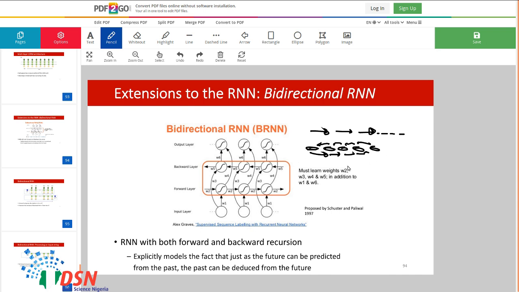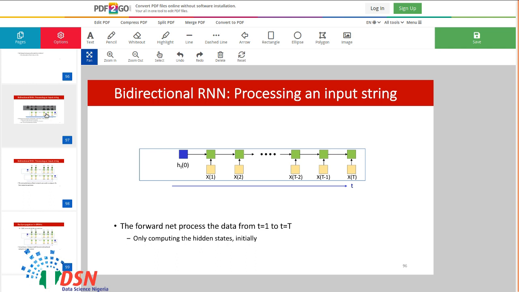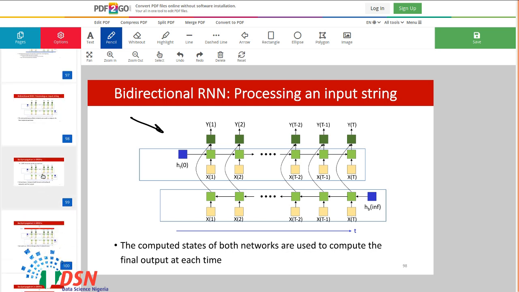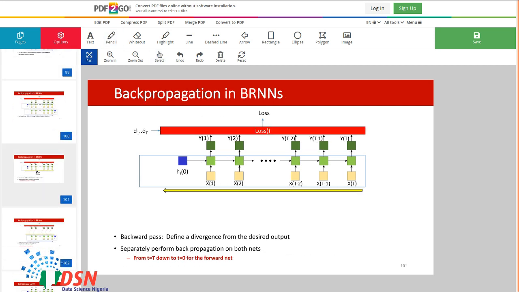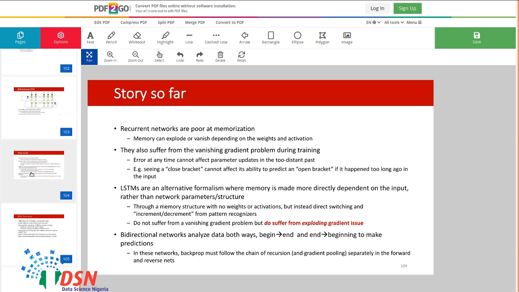In that case, we could use a bidirectional RNN, and also in images we could have this kind of relation. So we could use a bidirectional RNN architecture to process inputs in both ways. Here we can see a bidirectional RNN architecture, and the concepts are pretty similar to the RNN itself, so we don't want to go through all of that.